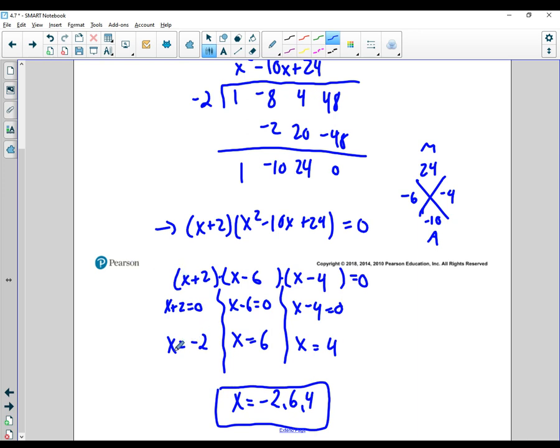Because x plus 2, if x is -2, -2 plus 2 is 0, times, it doesn't even matter what these other things are, right? That's why it's important to split it up where there's multiplication. 0 times anything is 0, and it makes this true, right? If x is 6, 6 minus 6 is 0, times it doesn't even matter is 0. So it works. 4 minus 4, 0 times anything is 0, so it works.